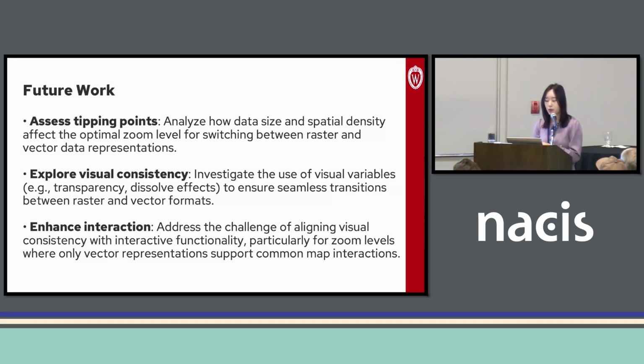Second is exploring visual consistency, investigating the use of visual variables to ensure seamless transition between the two tileset formats, and also enhancing the interaction. Because right now, the raster layer cannot support filtering or other interaction primitives. So it deserves more investigation.